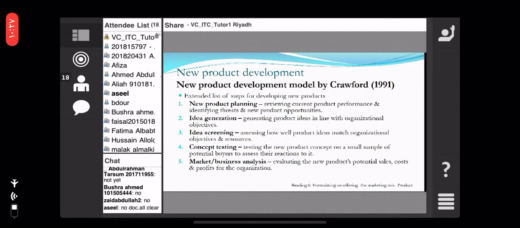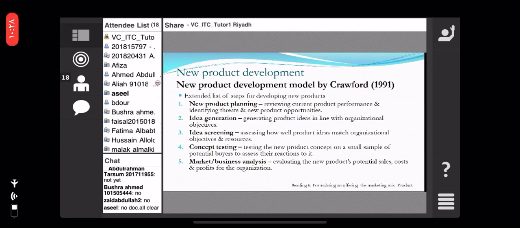Concept testing is, for example, you have a new product and you want to test it on a small number of samples. For example, you want to manufacture a new product with a new style. Rather than throwing yourself in completely, you go for just a few samples.